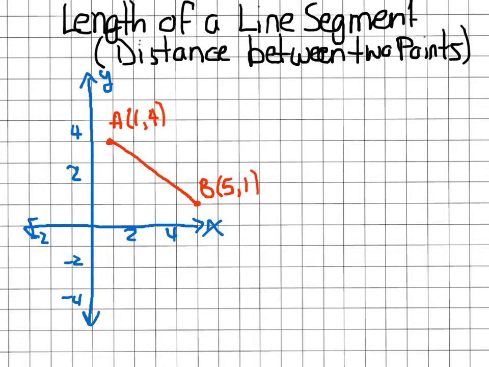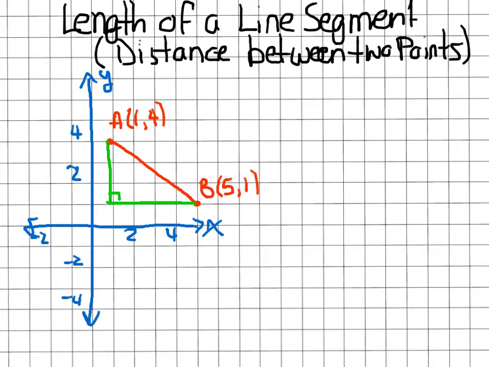How we're going to start off doing this is by using some of the strategies or ways that you know from previous math courses. And how I'm going to go about that is, using my coordinate grid, I can create a right triangle.